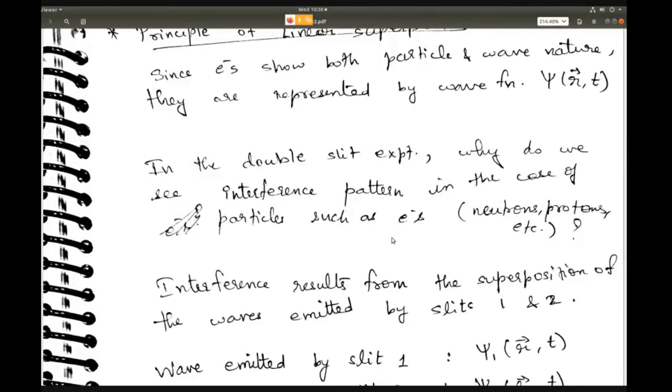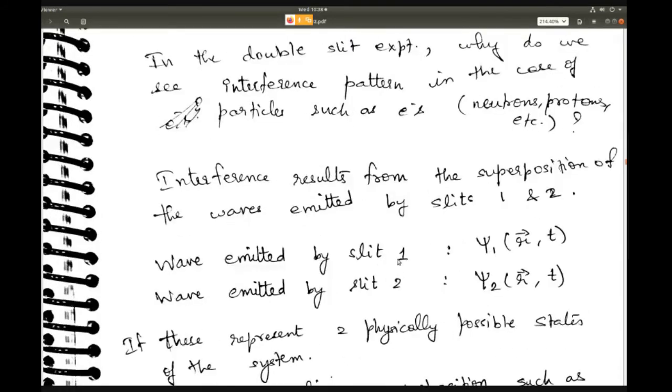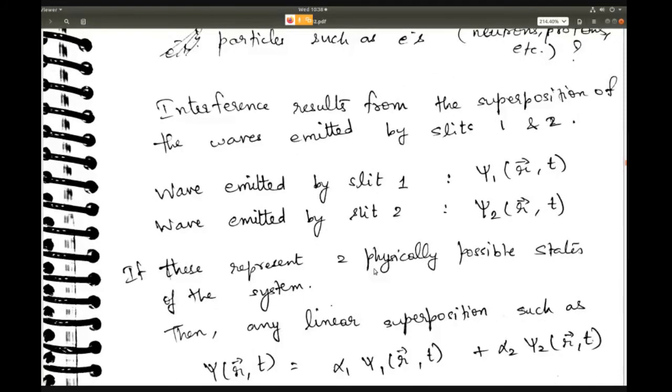If there are two slits, the principle of linear superposition states that if the wave emitted by slit S1 is psi 1 and the wave emitted by slit 2 is psi 2, these two, psi 1 and psi 2, represent two physically possible states of the system. The total wave function psi is a linear combination of these two wave functions.